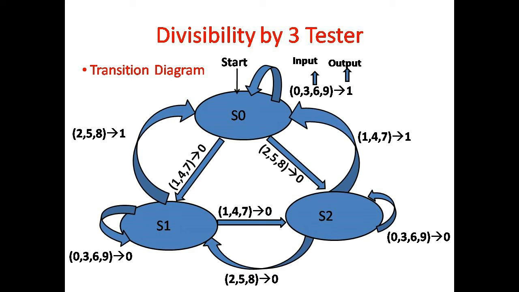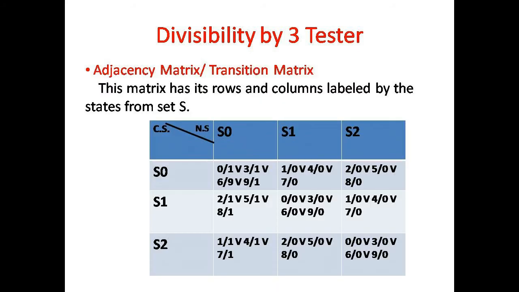The transition diagram shows the 0 remainder state, that is H0, the 1 remainder state S1, and the 2 remainder state S2. It is a directed graph of the machine function table and state function table. We describe the transition diagram in a transition matrix form. The current state is H0, S1 and S2.